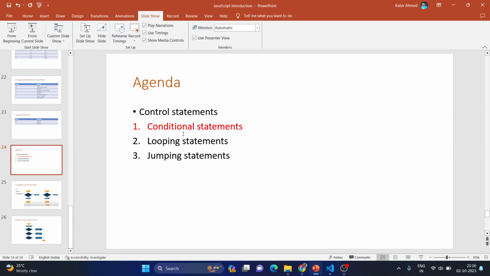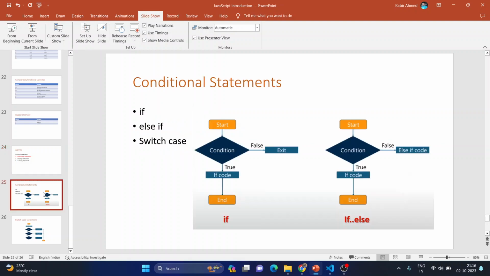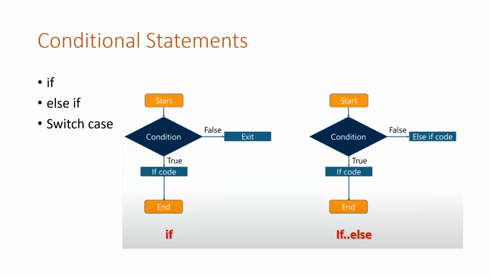In this video, we'll mainly focus on conditional statements. In the conditional statements, we have three types: if, else if, and switch case. In this video, first we'll see if and if else only, and then we'll see switch case.